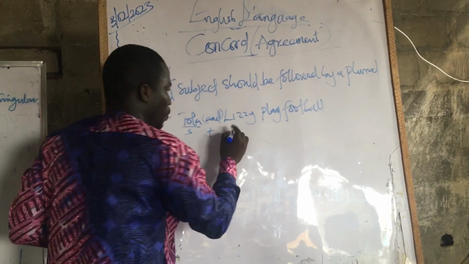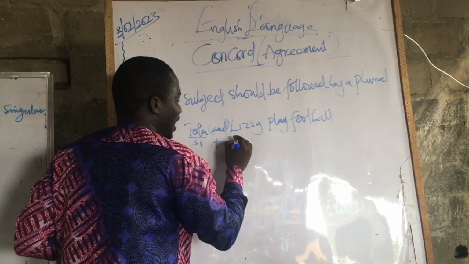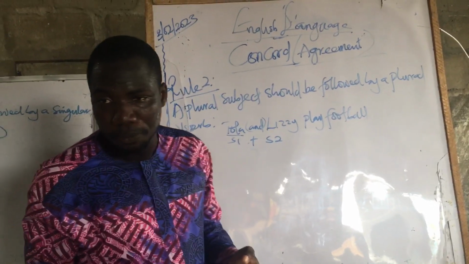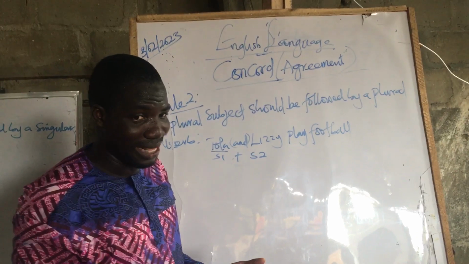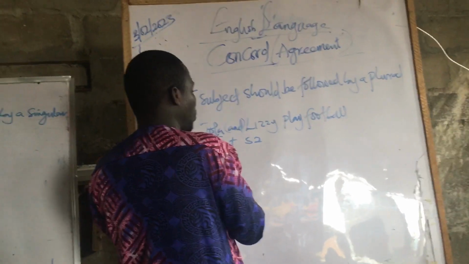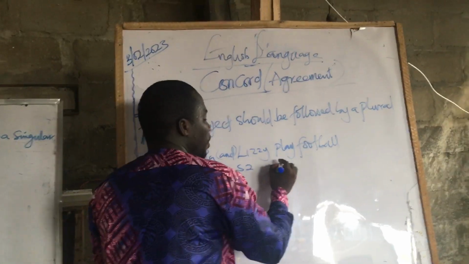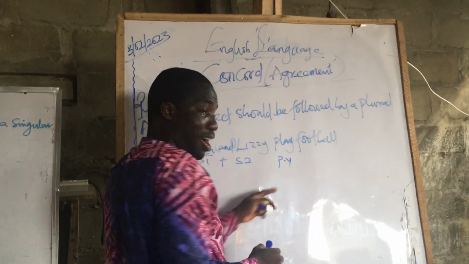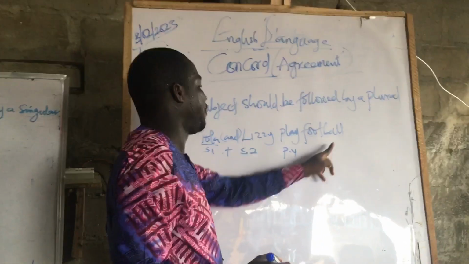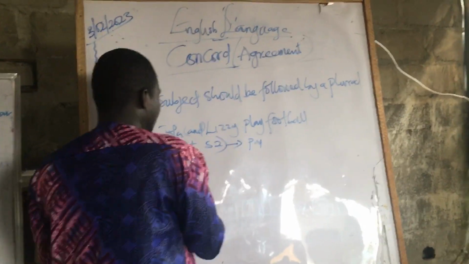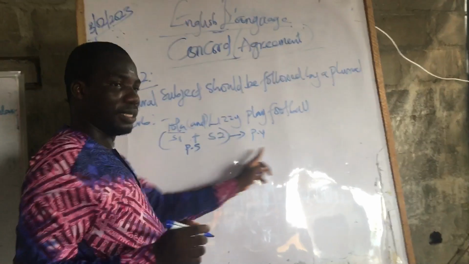Then we have Lizzie as subject 2. Class, 1 plus 1 is what? 2. 2 gives us plural. Then Tola and Lizzie play football. Here there is an agreement because this gives a plural subject.